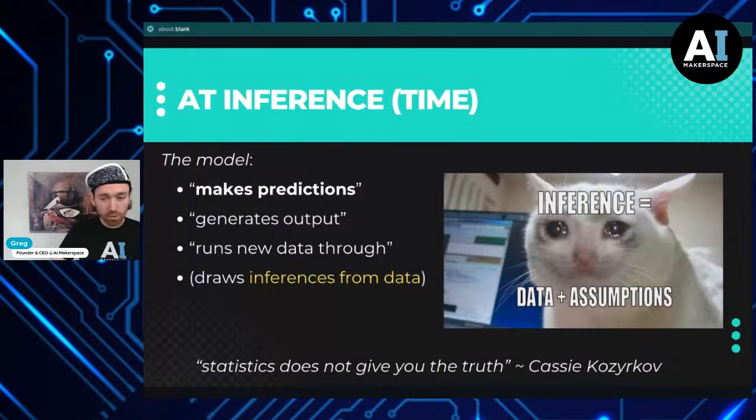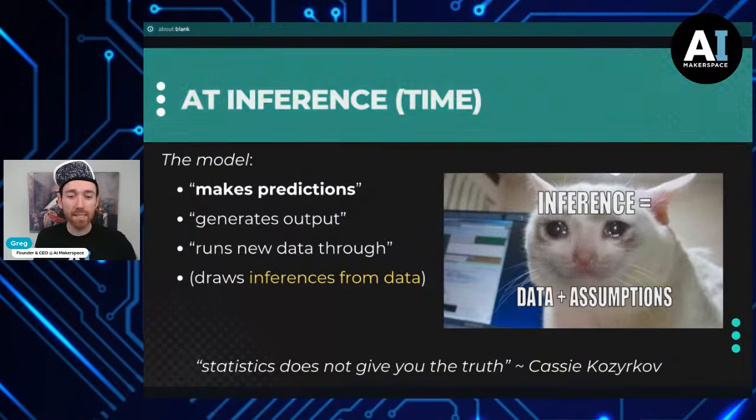I found this quote from Cassie online: "Statistics does not give you the truth," and this is her meme here. I don't think this idea of inference needs to be so complicated, although for whatever reason people like to use it in complicated ways. We say things like at inference or at time of inference or at inference time.